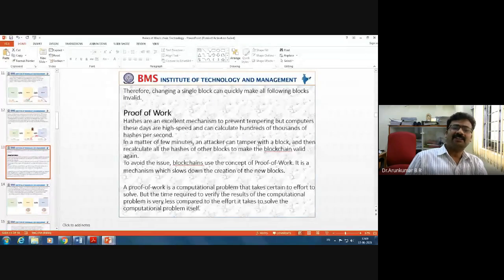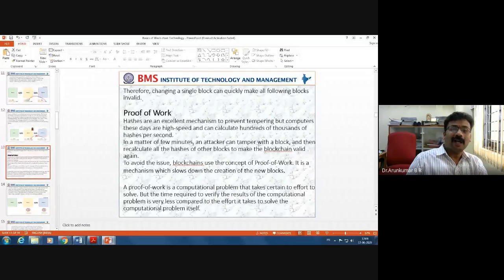This is a mechanism which slows down the creation of a new block. Once you are allowed to create a new block, you can quickly create the hashes of the other blocks and in a matter of a few minutes make all blocks valid. To avoid this, the blockchain brings the concept called proof of work.